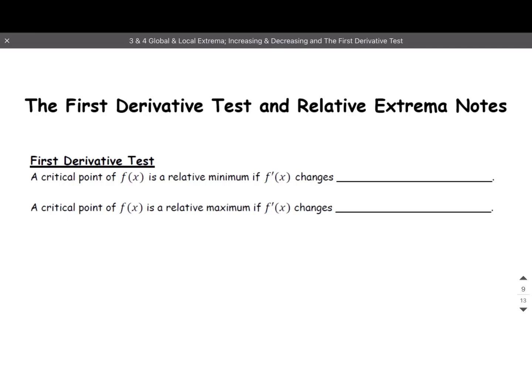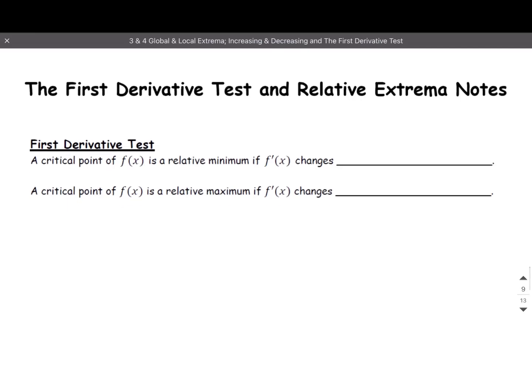We're going to look at the first derivative test and relative extrema. So, for the first derivative test, a critical point of f of x is a relative minimum if f prime of x changes from negative to positive, because if the derivative is negative, the function's decreasing, and then when the derivative is positive, the function's increasing, which means that turning point, which is our critical point, is a minimum, okay?